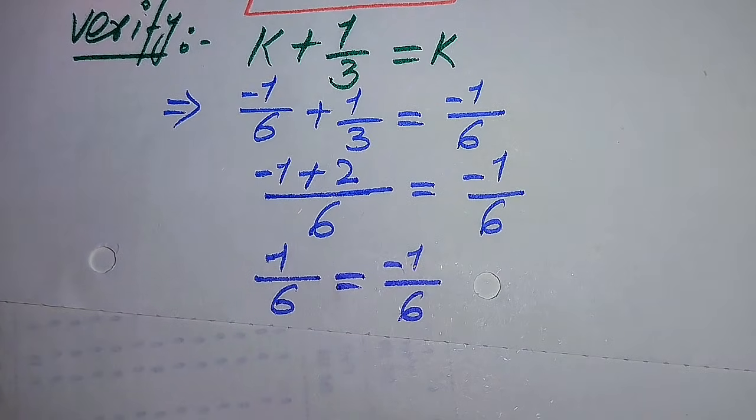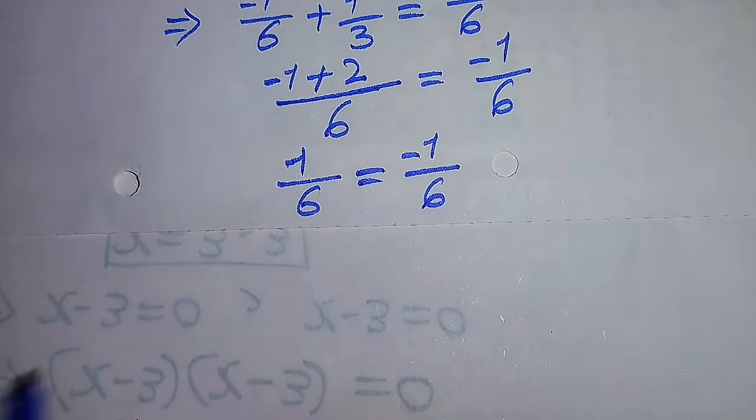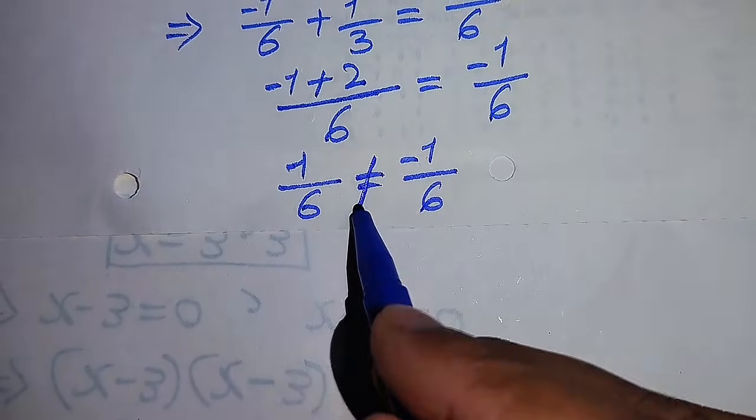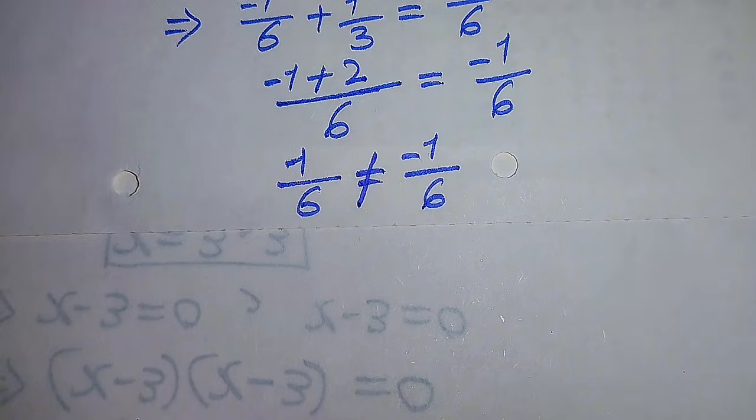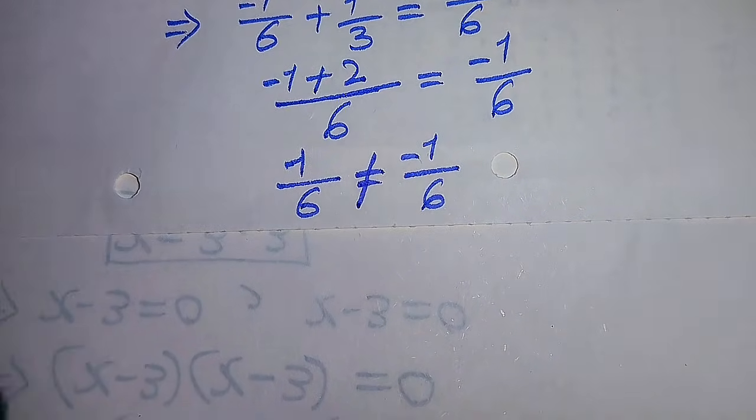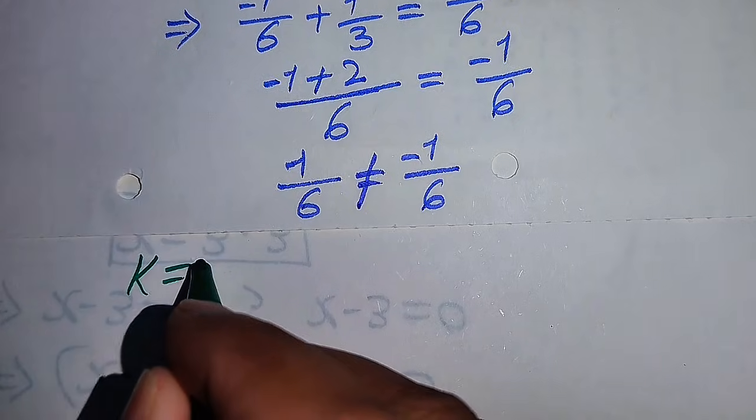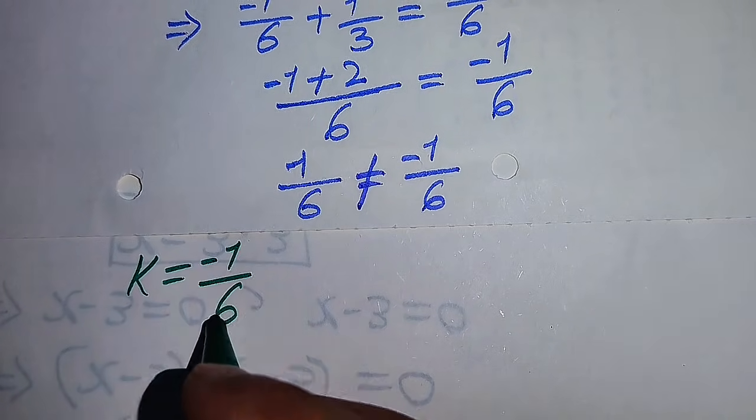Here you see that the left hand side is a positive value, and the right hand side is a negative value. And we know that a positive value is not equal to a negative value. This means that k equal to minus 1 over 6 does not satisfy our given question statement.